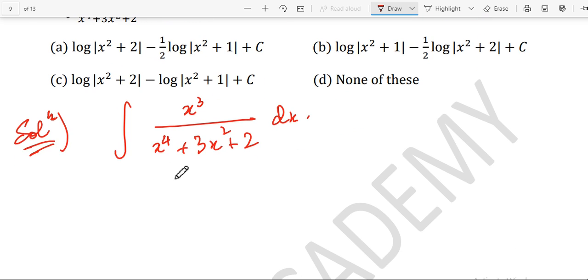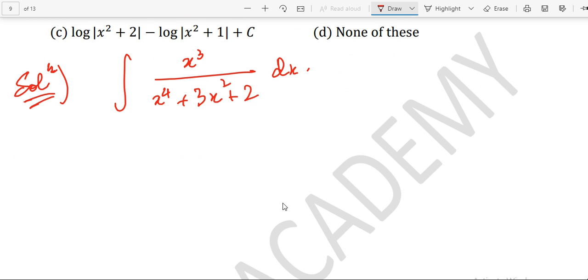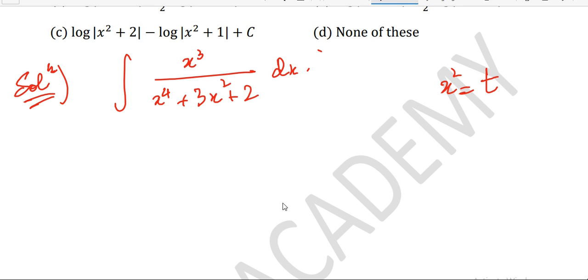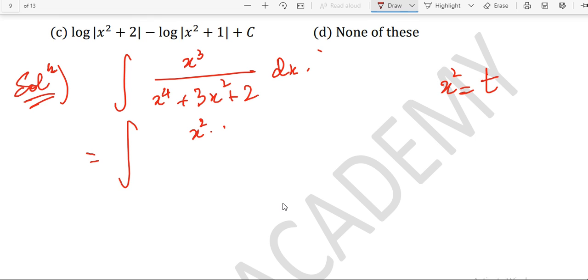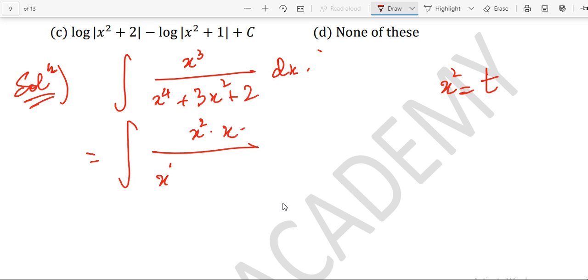Now let's see. What we have to do first, we can do one thing. We can take a substitution. Let us take x square as t. Now the numerator is x square into x, that's x cubed. If we take the substitution as x square equals t, then 2x dx is dt.